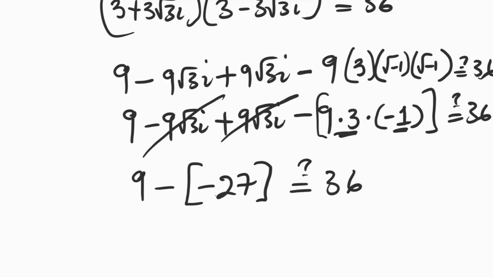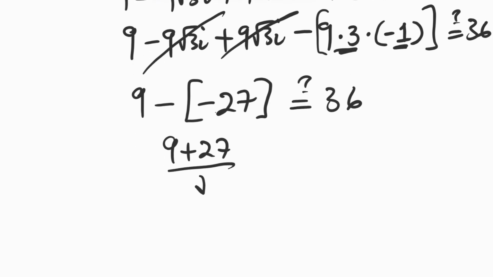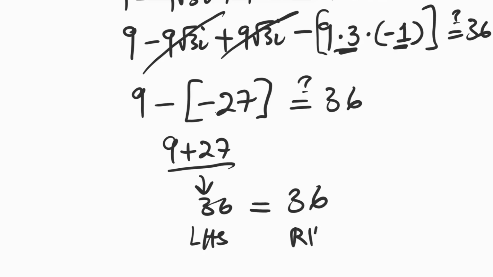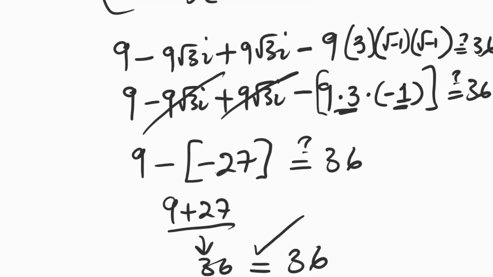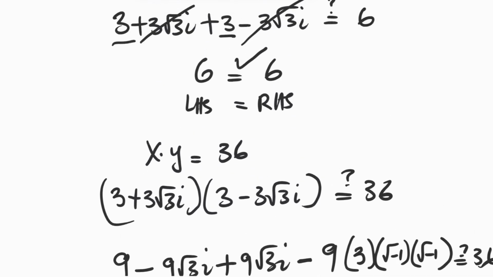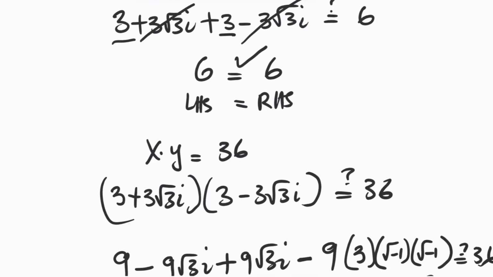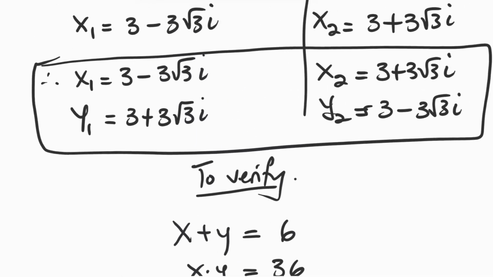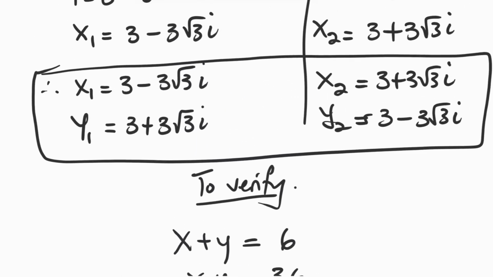Now minus times minus will give us plus, so we have 9 plus 27, which is equal to 36. And we see that this left hand side is also equal to the right hand side for equation 2. So that means that the 4 values of x and y that we found here are all correct.